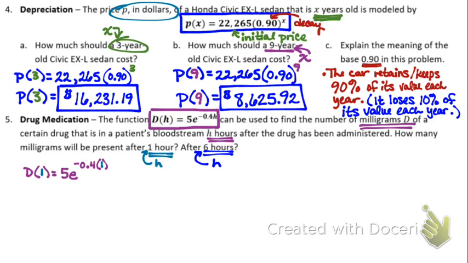That's very easy to simplify. In my calculator, I'm going to put 5 times e to the power of negative 0.4. We're going to round this out to 2 decimal places, I think.